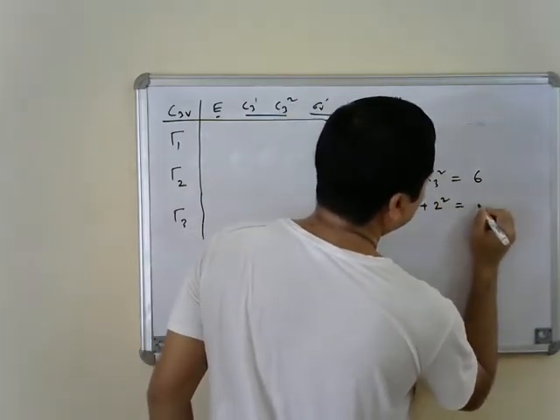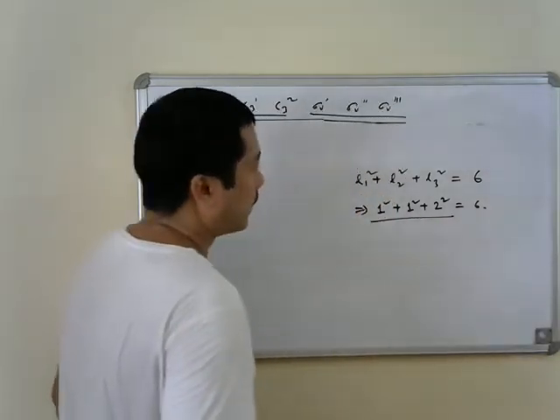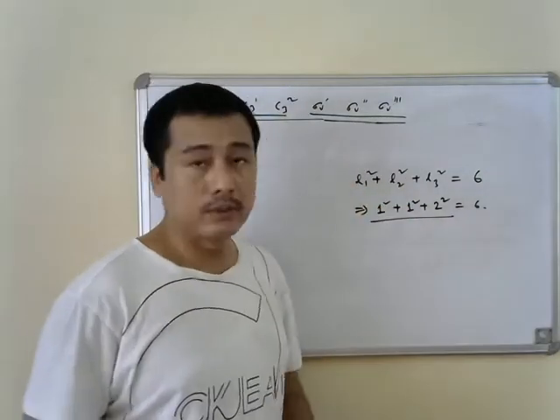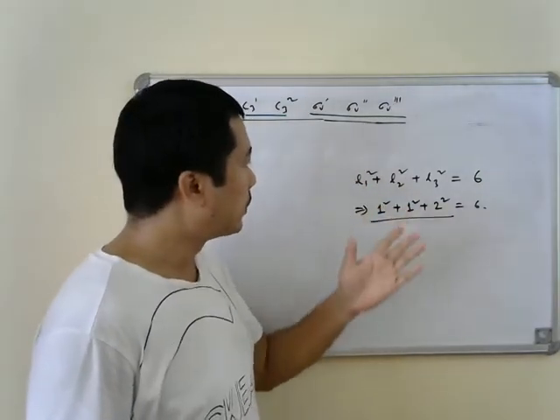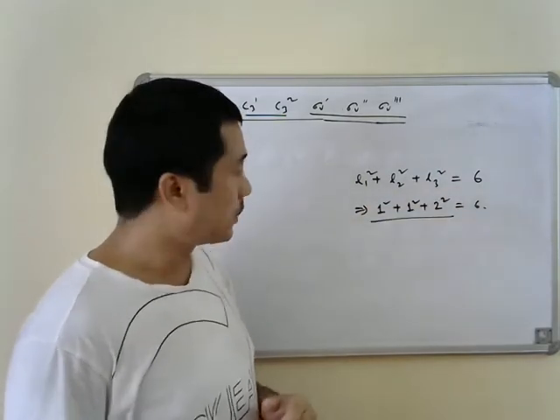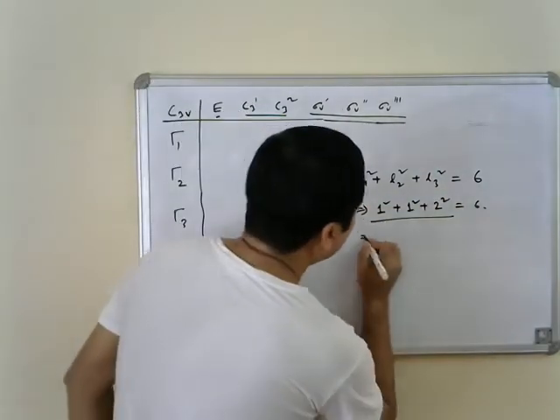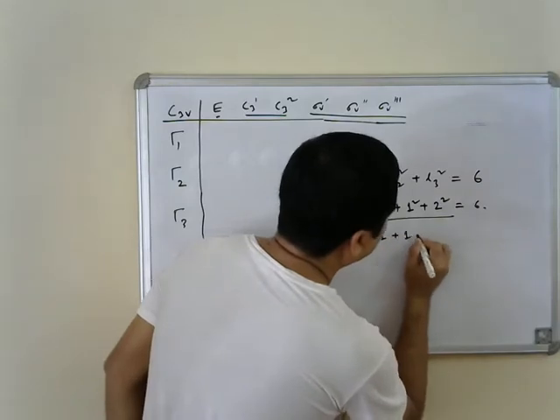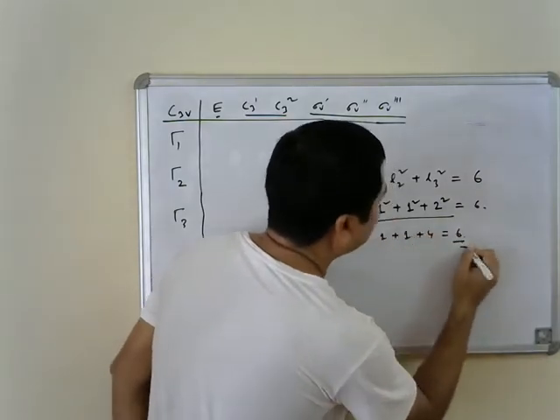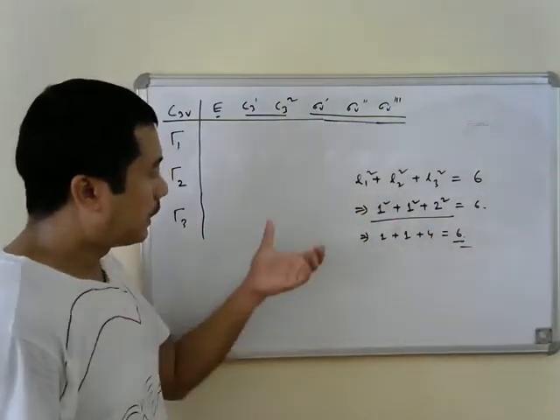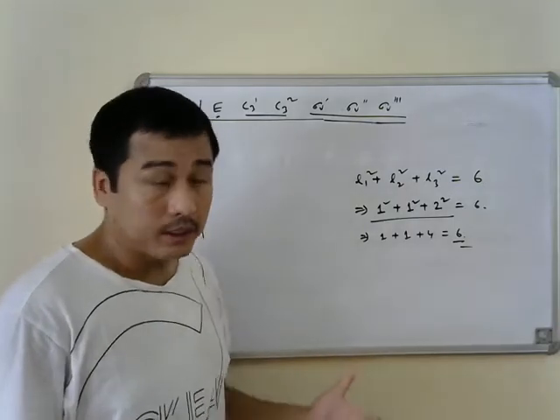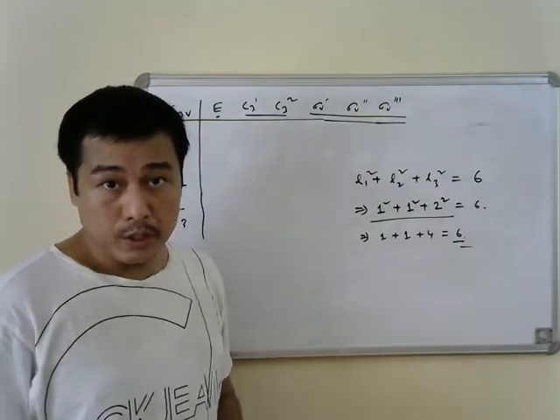When we square these and sum them up, we get 1 plus 1 plus 4, which is equal to 6.